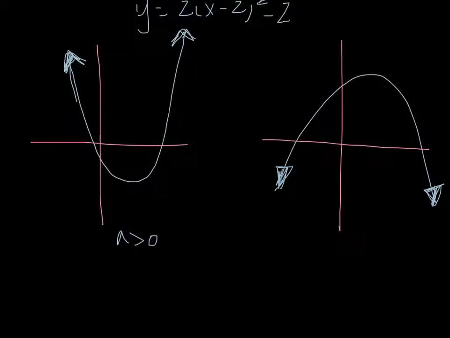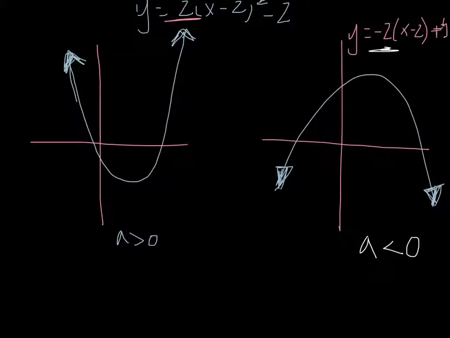This a is the leading coefficient, and that's positive. If you have an equation like this, y equals negative 2x minus 2 squared plus 5, your a term is negative, so this is where a is negative and the graph opens down.